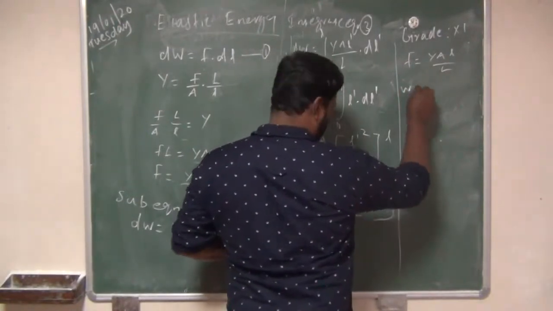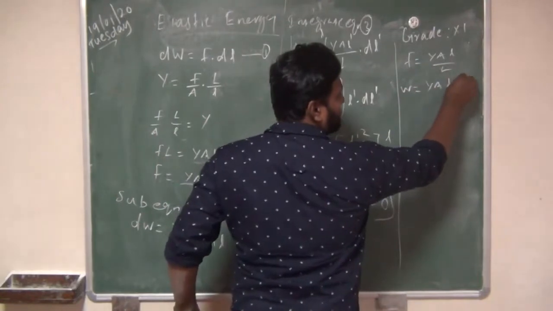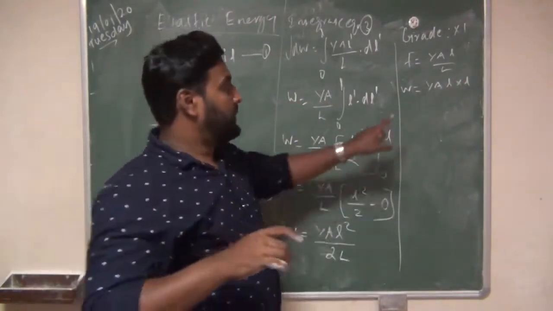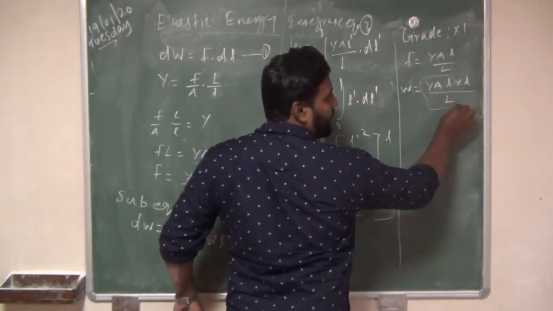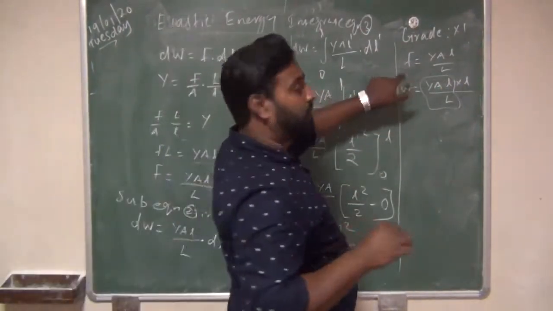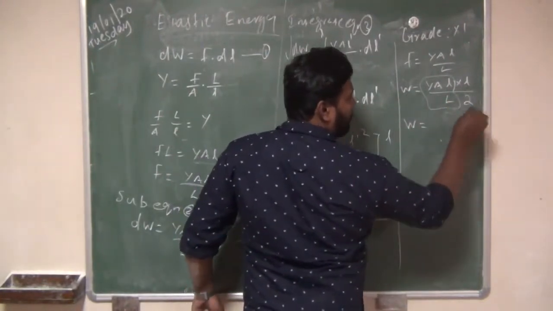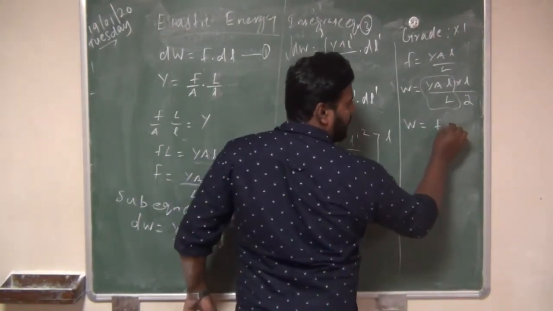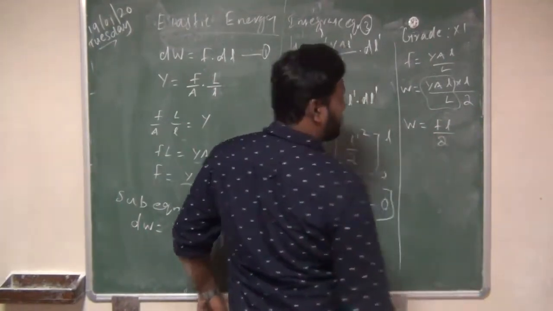So W equal to YA, and this L square I am splitting into L times L divided by capital L. Now YAL divided by capital L, you can write as F. So W is equal to F L divided by 2.